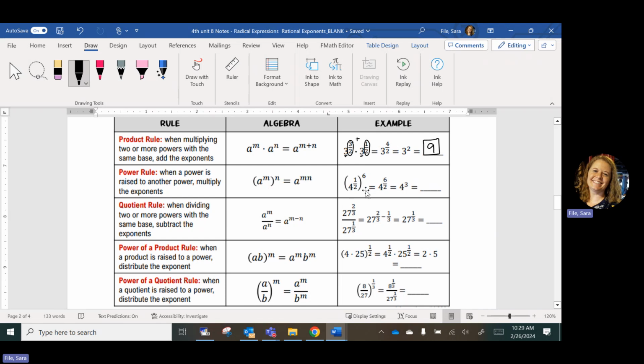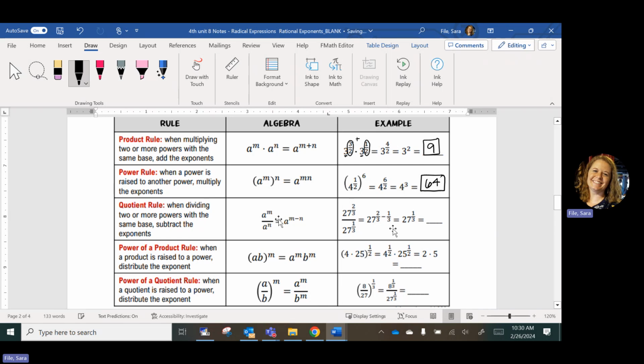So here in this example, we've got 4 to the 1/2 power to the 6th power. Well, the power on the power we multiply. So 1/2 times 6 becomes 6/2, which is just 3. So 4 cubed is what? There we go. Good job.